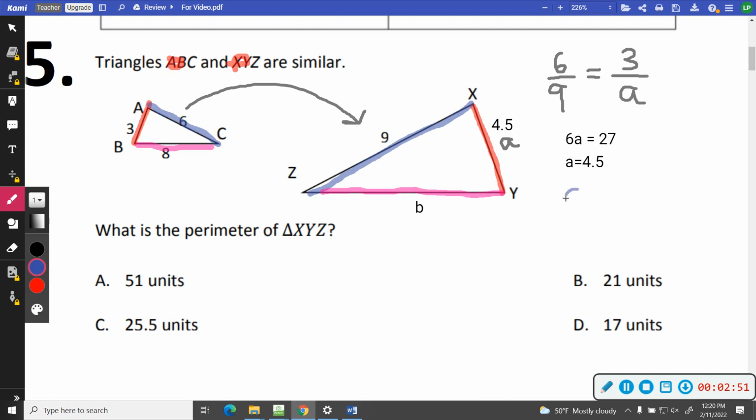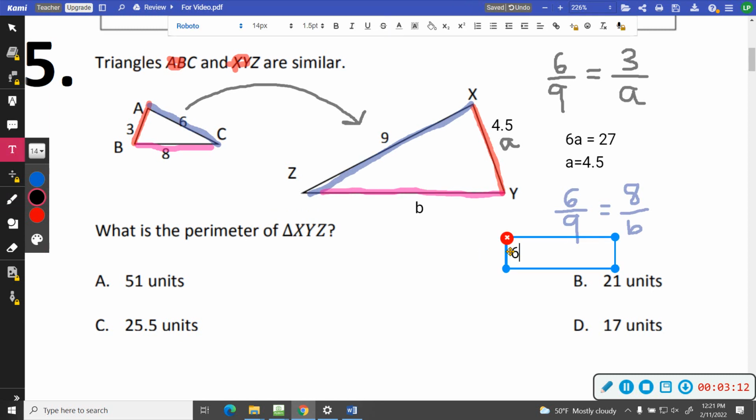So 6 to 9, and we're trying to find B, so we're going to go 8 to B. Cross multiply, and you get 6B, and 9 times 8 would be 72, and 72 divided by 6 is 12. So I just found this is 12.